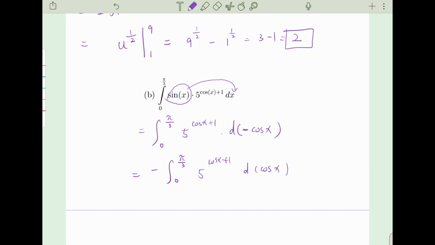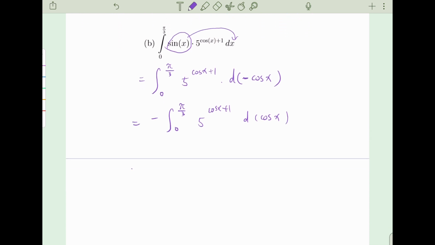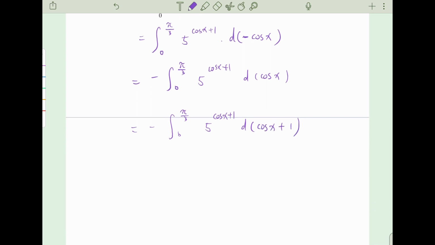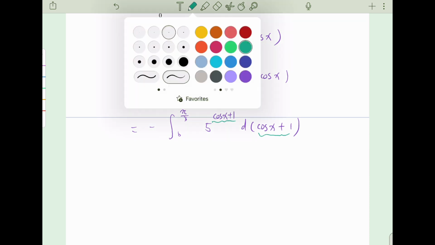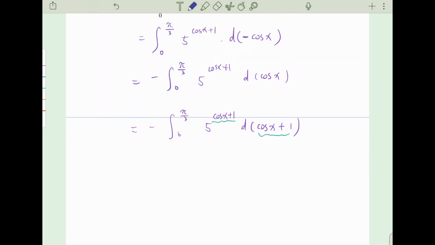Still, it does not match the expression there. It has a plus 1, right? So we will add 1 in the differential sign. Since the derivative of 1 is 0, it does not hurt to add an arbitrary constant. So we add 1 here. Now these expressions become the same thing, right? So I can just let my u equal to cos x plus 1, right?